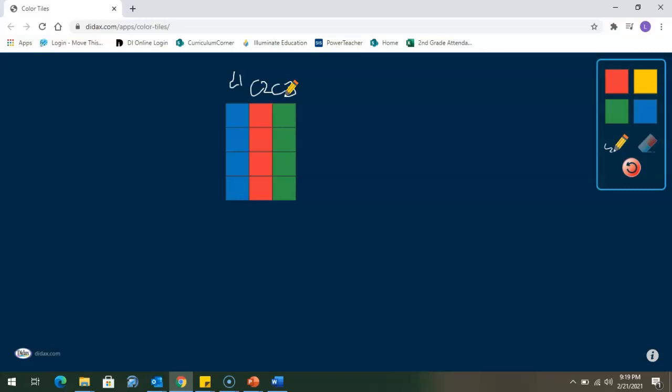There's several answers. Yes, you can either change it to 3 groups of 3, so I can take this off. Or I can add another column to make it 4 groups of 4.